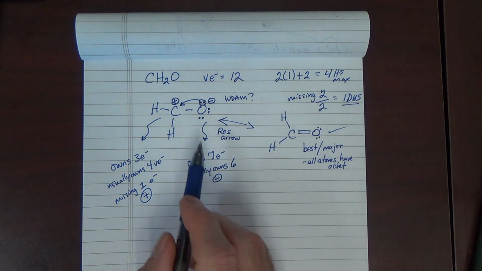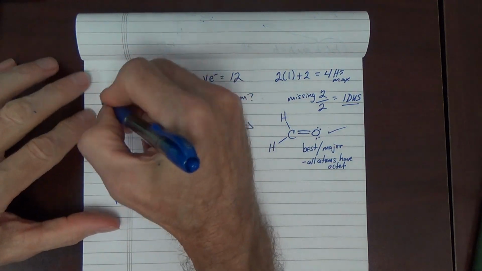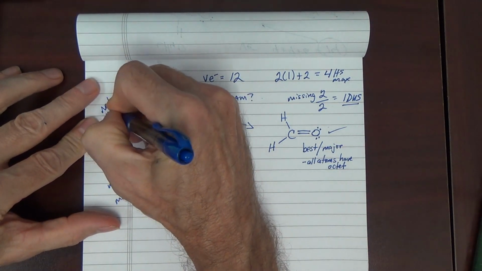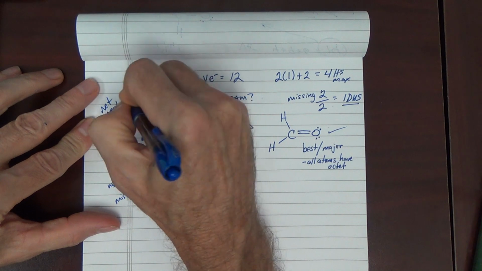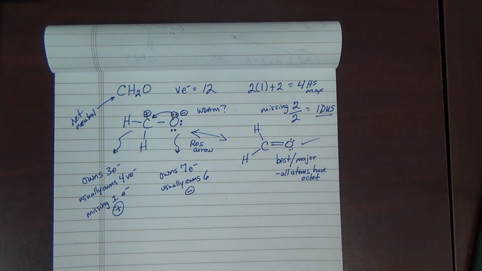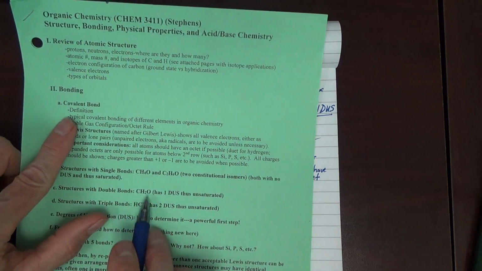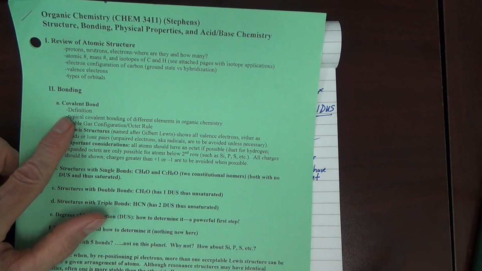Now, we knew that this had to be a net neutral molecule. How did we know that? Well, because I didn't give a charge. If this was a charged molecule, I should have showed a charge with the formula. No charge shown, you must assume it's neutral.